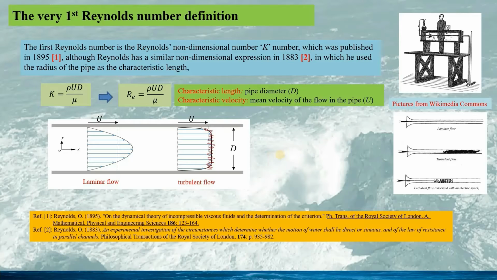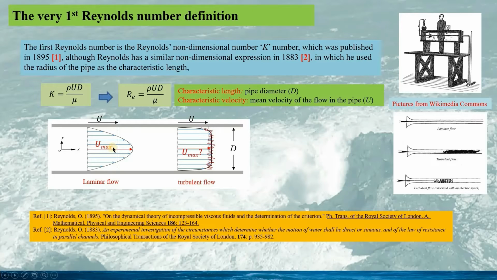If we examine this example, the other possible length is the pipe length, but the pipe length would have no actual effect on the fluid state if the flow is steady. And the other characteristic velocity in this example would be the maximum velocity at the center line, like this or this.